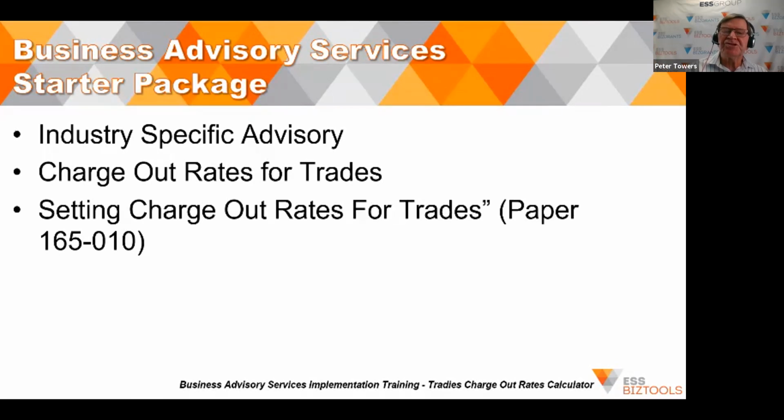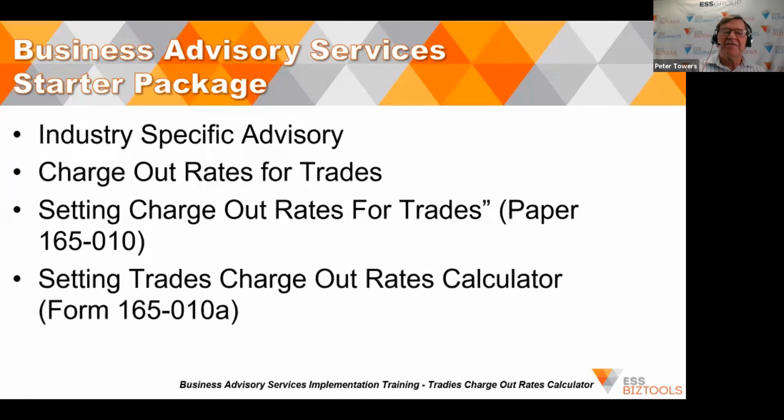We have a paper which I'll also be referring to. It's paper 165010 if you want to access it any time. And the charge out rates calculator is in the Business Advisory Services form 165010 lowercase a. That's where you'll find everything.